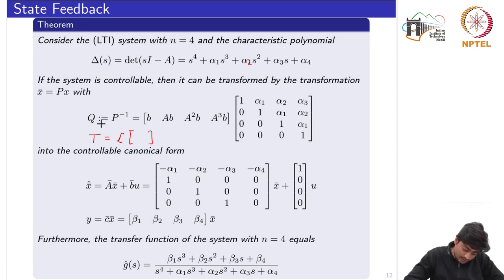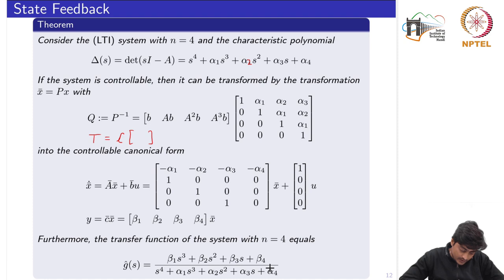So this specific matrix Q or T, which we had seen in the tutorial of part 1 and part 2, transforms the system into the controllable canonical form, where all the coefficients of the characteristic polynomial constitute the first row with the negative sign, and the B matrix transforms into B bar. Suppose the C bar matrix is given by [b1, beta 1 to beta 4], then the transfer function can be expressed as this one.